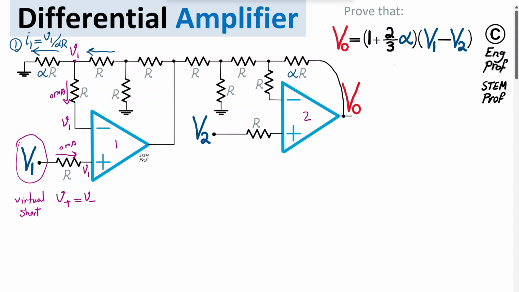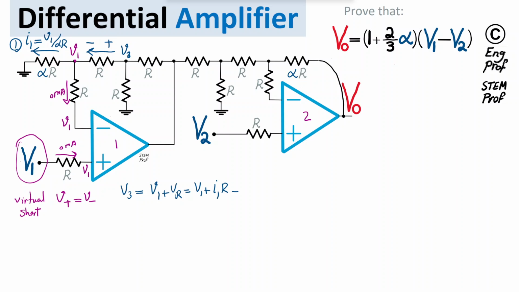Let's refer to it as voltage V3, an intermediate voltage. I can say V3 is equal to V1 plus the new voltage drop across resistor R, so VR, and VR is simply the current I1 times R.